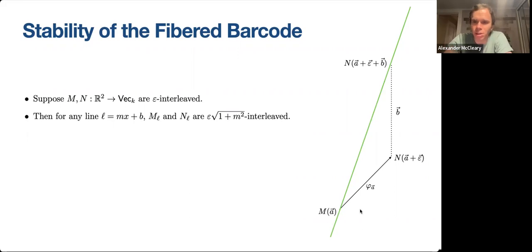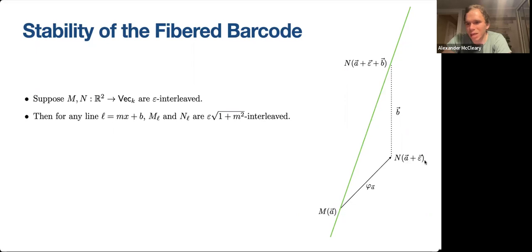Well, what we can do is we know that we have a map, because M and N are epsilon interleaved, we know that we have a map from M of A to N of A plus epsilon. But now, if we look straight up, this N of A plus epsilon is going to be less than or equal to N of A plus epsilon plus B, where B is this vector right here.